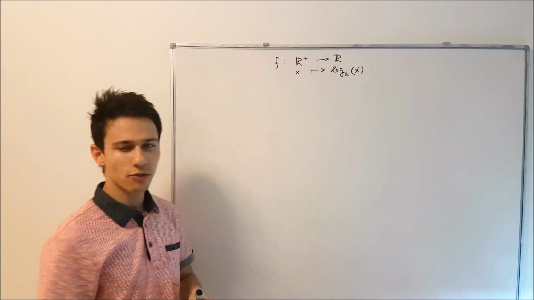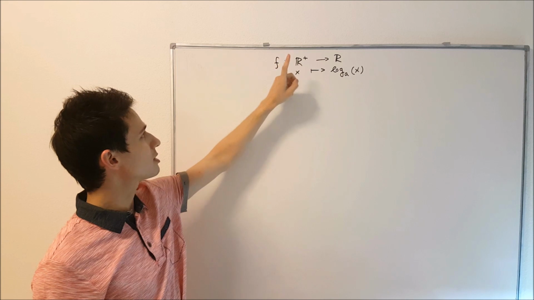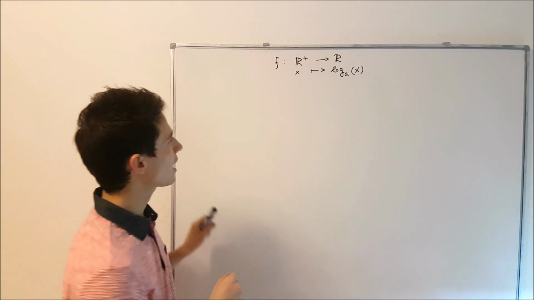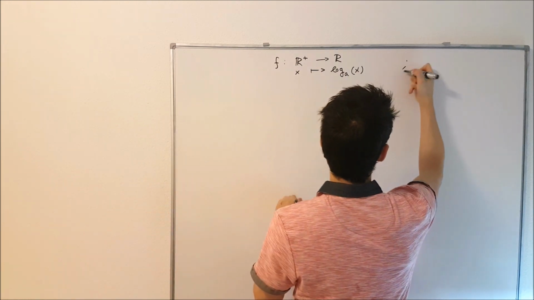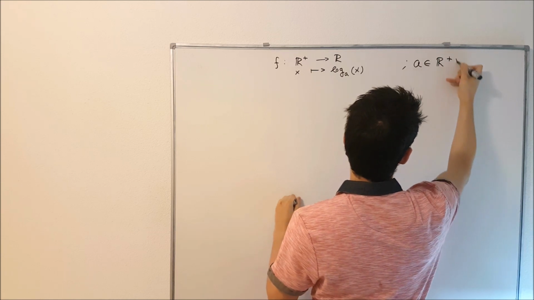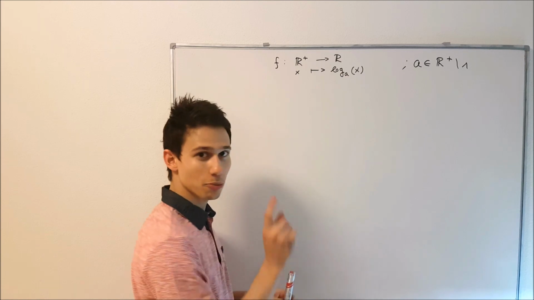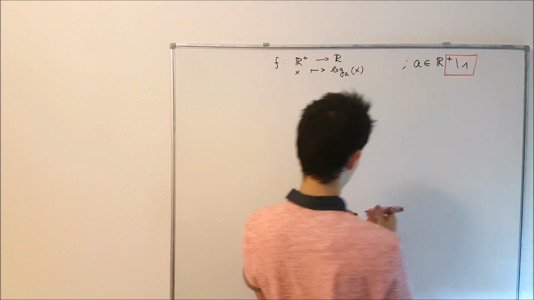Not only do we have a restriction on this argument x, which should always be positive when we deal with logarithms, but also we have a restriction on the base a. And this base a should not only be real, but also positive and never equal to 1. And in this video I'm going to point out why this restriction has to be fulfilled.